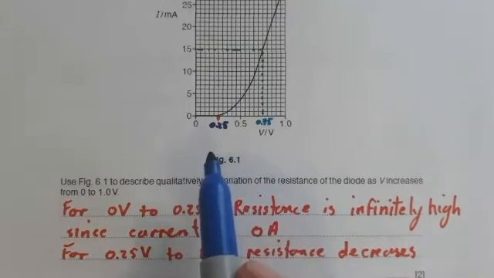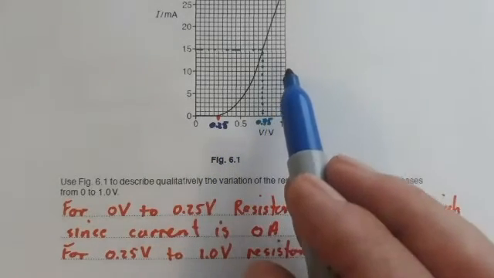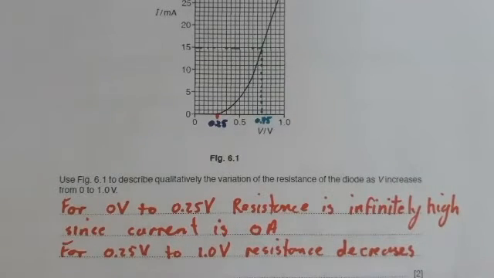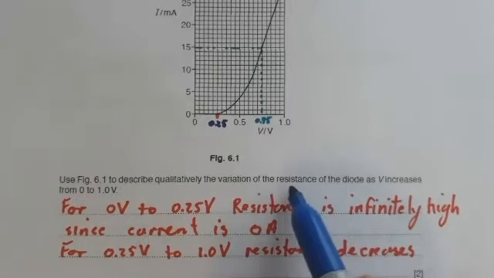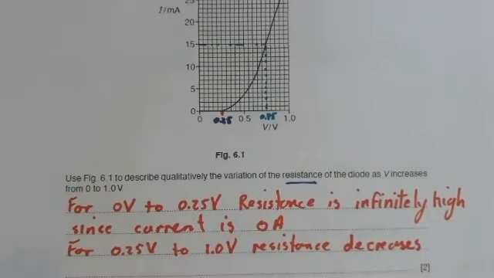Beyond that point, the current starts increasing and it has an exponential increase. We don't have to say anything about that. They're referring to the variation of resistance, so we can just say the resistance decreases. You will get your mark for that.